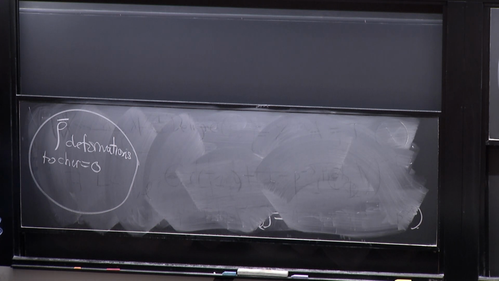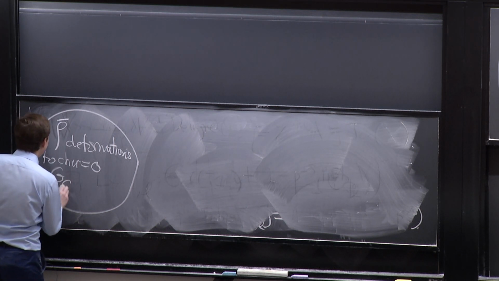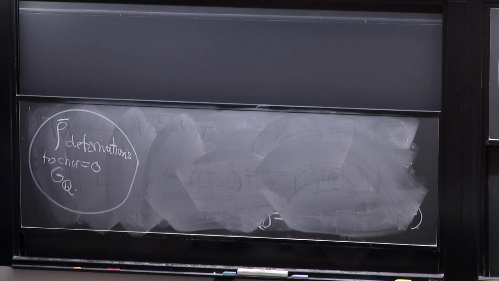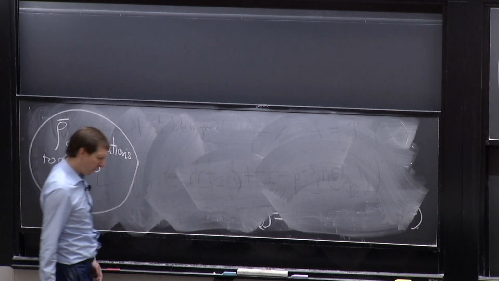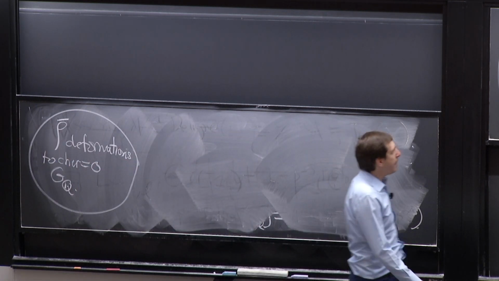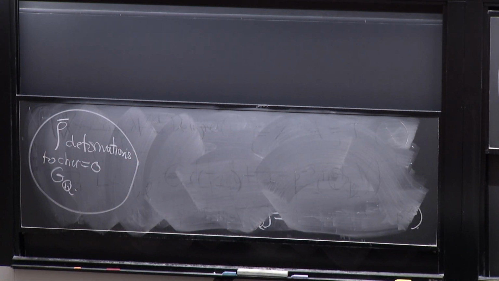Or either just deformations of this Galois representation, and here thinking about it as the Galois group of Q. So again, maybe I should have imposed here, I don't want to give myself ramification outside N.